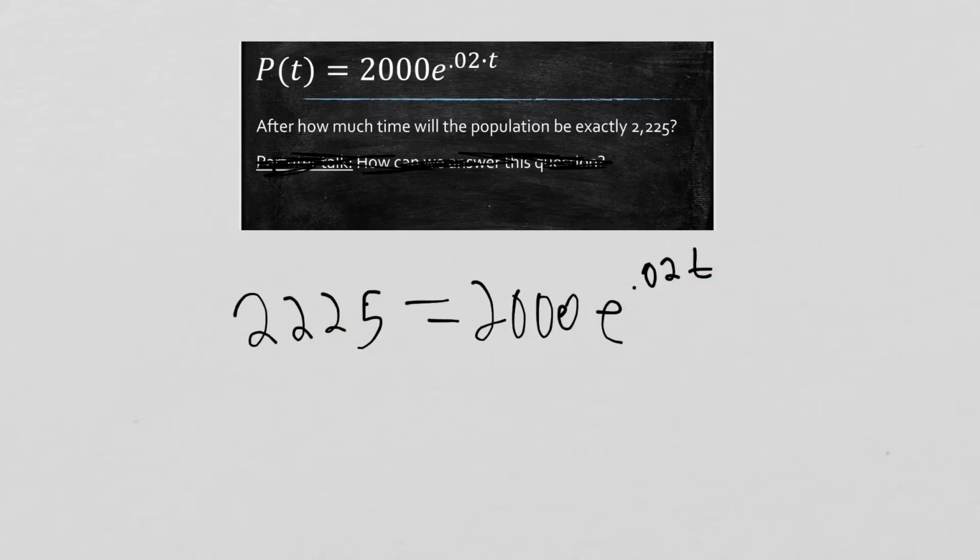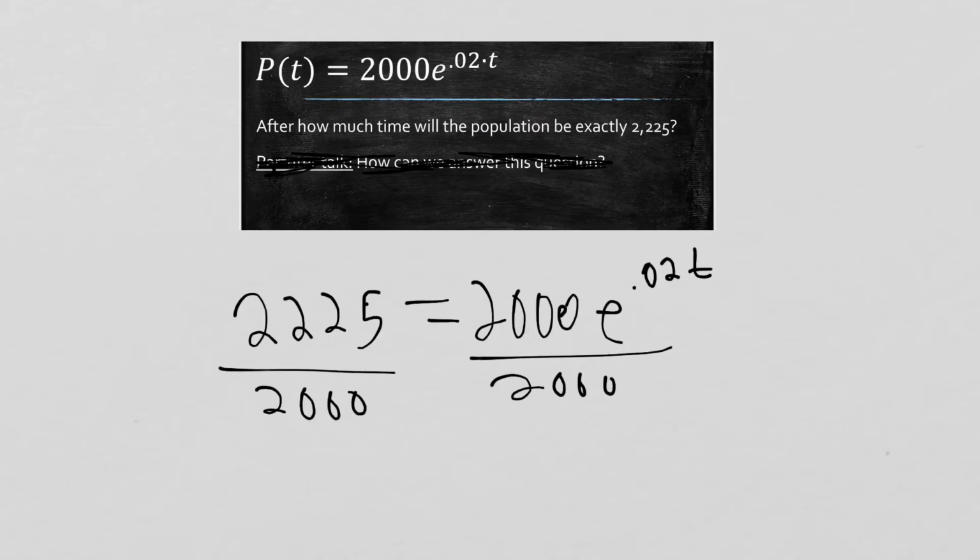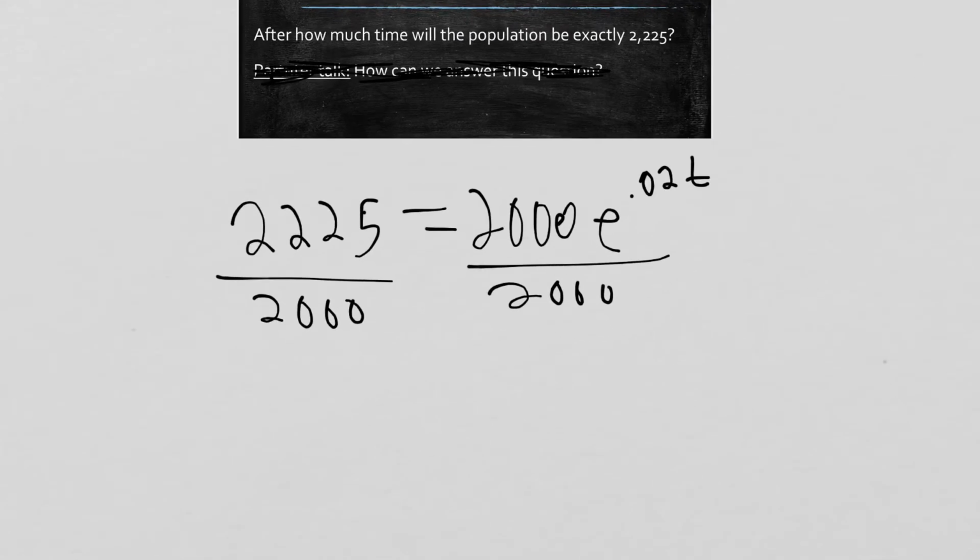So what we can just do is solve for t. So we're going to divide by 2,000 on both sides. All right, and then we can simplify this. So 2,225 divided by 2,000 is 1.1125, and that is now equal to e raised to the 0.02t.